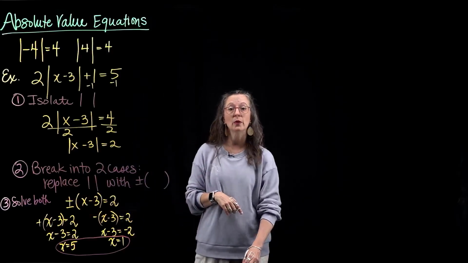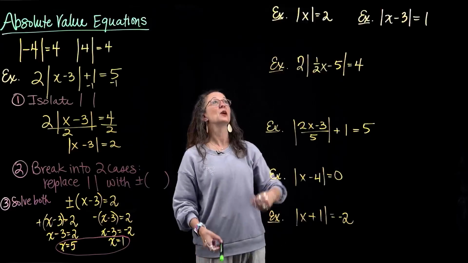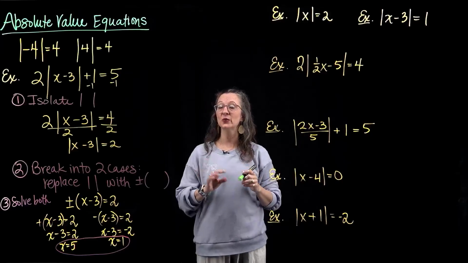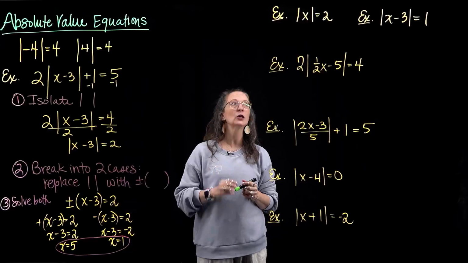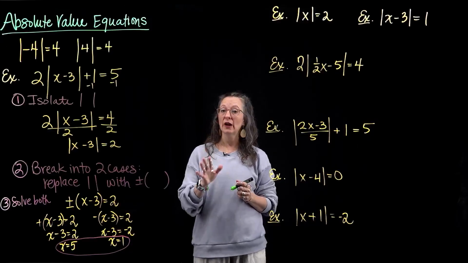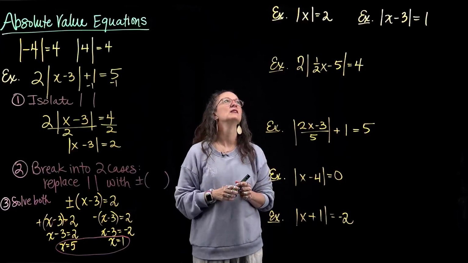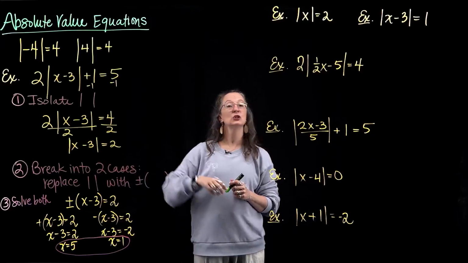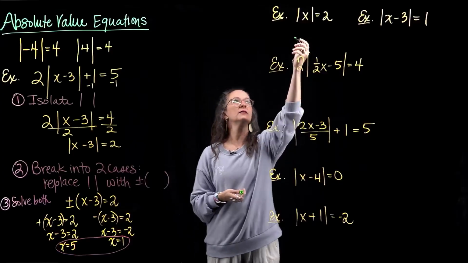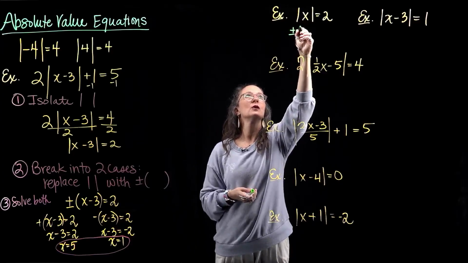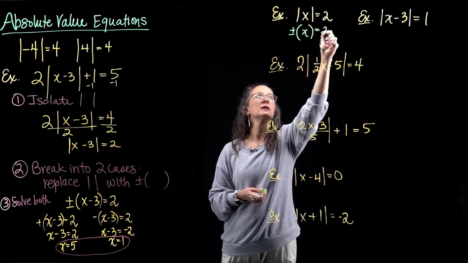Let's look at a couple more examples. My first example is a fairly straightforward one. It is absolute value of x is equal to 2. Our first step, isolate the absolute value, is already done. Now we're going to break it into two cases. We'll replace the absolute value with positive and negative parentheses, so positive and negative parentheses around x is equal to 2.